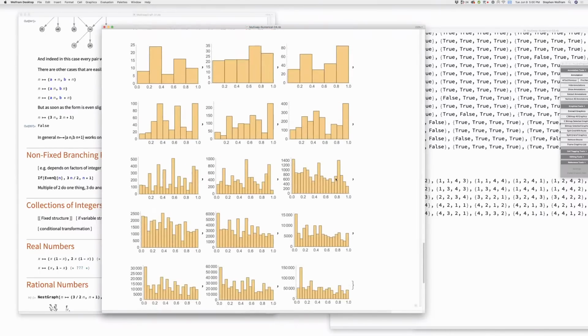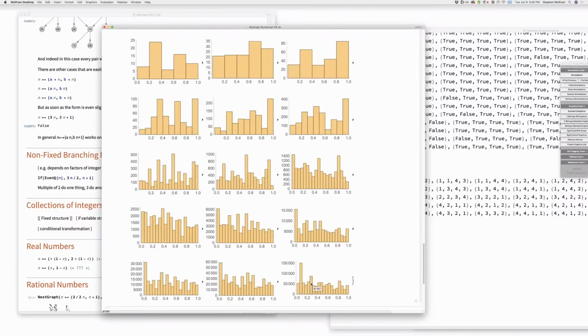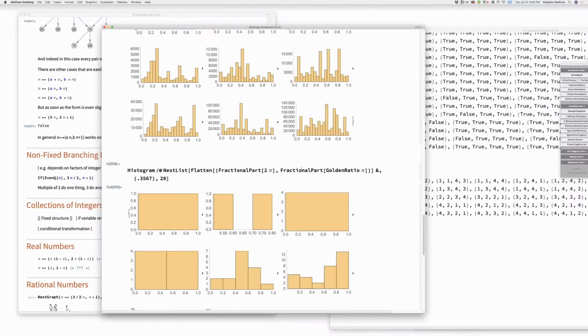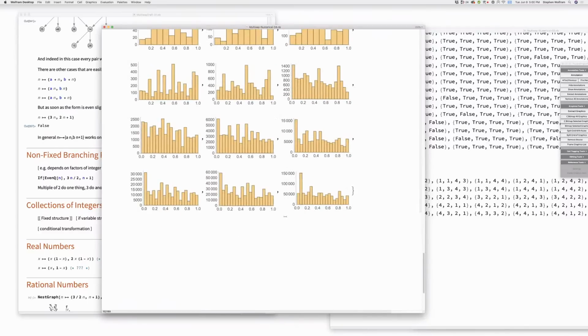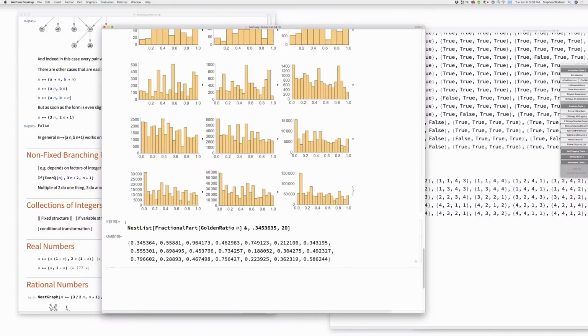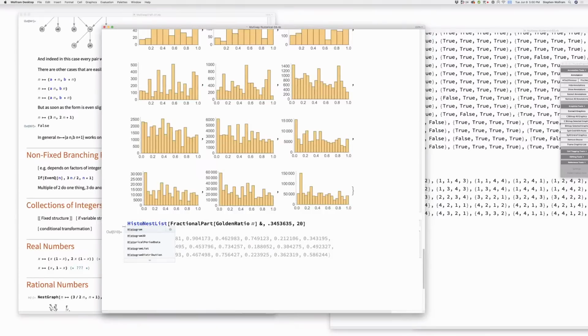But it's very weird that this isn't uniform, because what you're thinking of, I think, Ed, is if I were to take just the pure unary case, if I were to just nest this golden ratio thing, fractional part of the golden ratio, starting from some random number, and I were to go 20 steps or something, then that will give me a uniform distribution eventually.